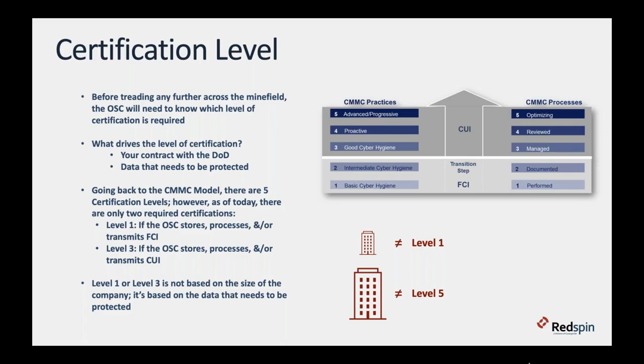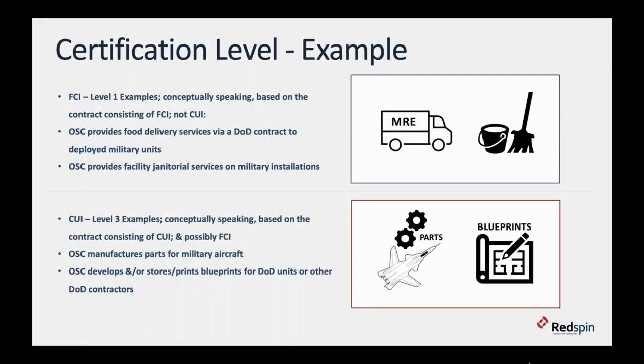Next slide, please. So what are some of the examples between CUI and FCI? I still get this a lot. FCI, federal contract information. Basically, it's a contract consisting of FCI and there's no CUI involved. Well, what does that really mean? Well, FCI is basically you're providing services such as food delivery via a DoD contract to deployed military units.